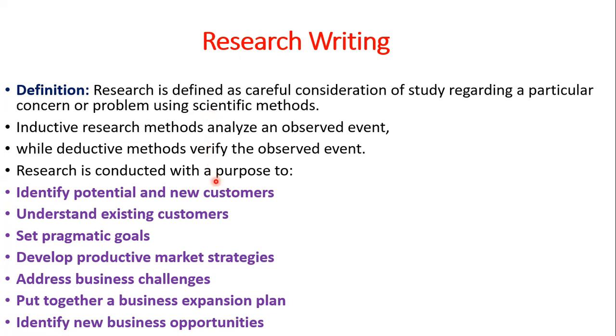Fine. Before we move to the types of research, what is the process of research? The very first thing is to identify potential and new customers. That is why we do research. These lines are in perspective to business. For example, some company is selling computer gadgets and they want to expand their business.